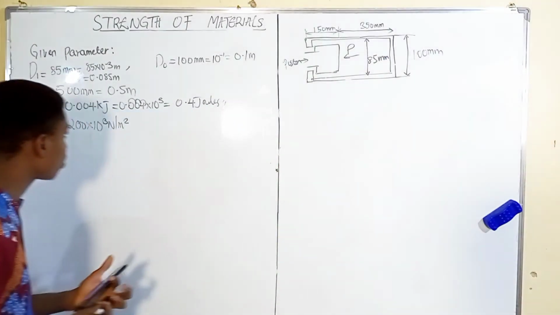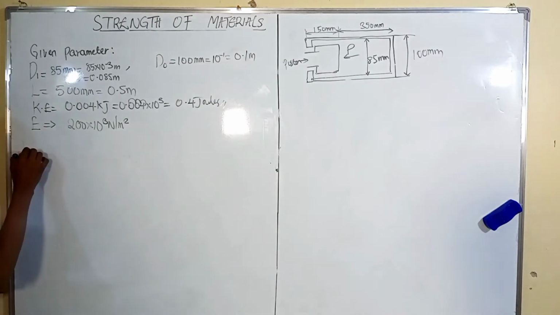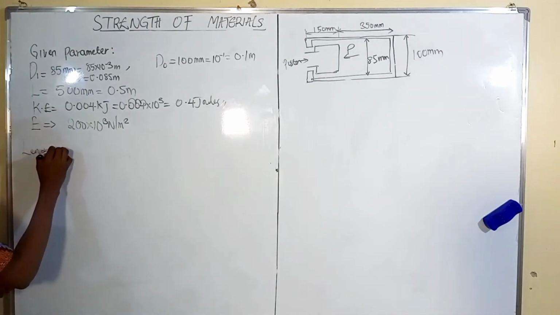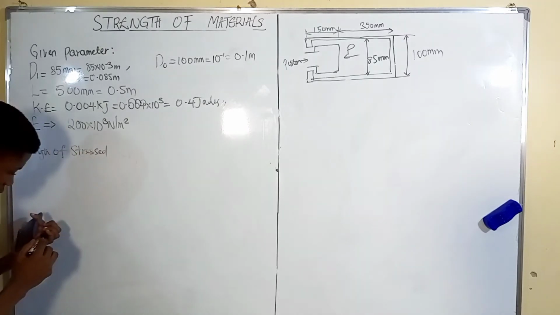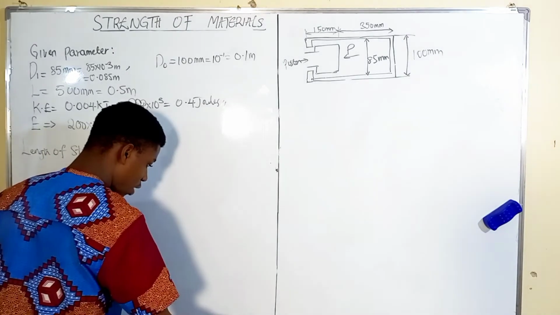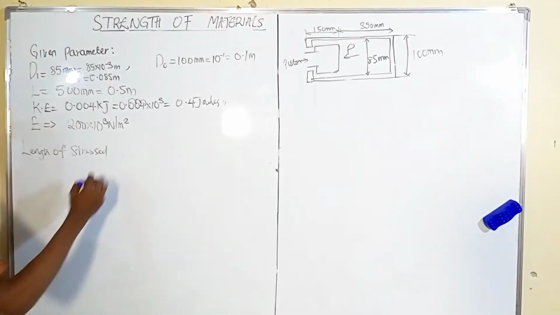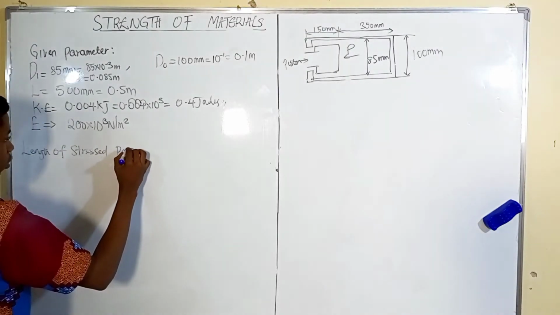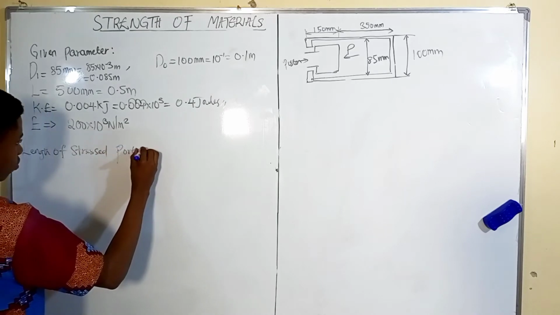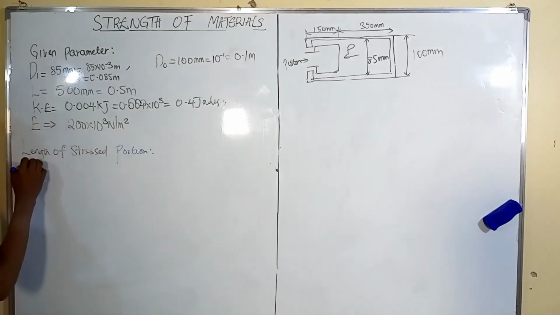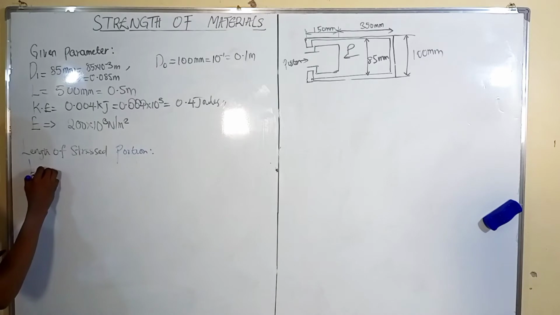So the length of the stressed portion, we're having the length of the cross section as L of the stressed.